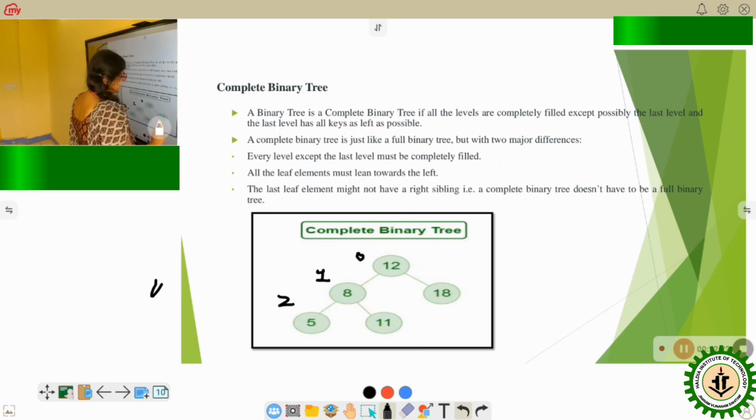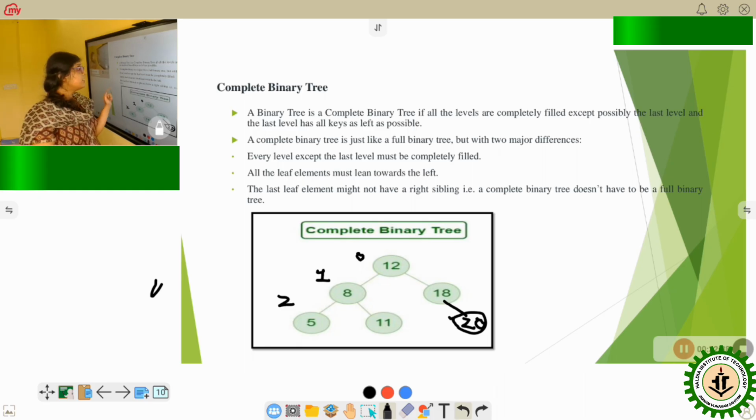Suppose this 18 is having a child. Suppose the child is 20. Okay. This is a subchild of the node 18. Now can you say whether the property of complete binary tree is satisfied? The property of complete binary tree is not satisfied here because according to this definition, all the leaf elements must lean towards the left.